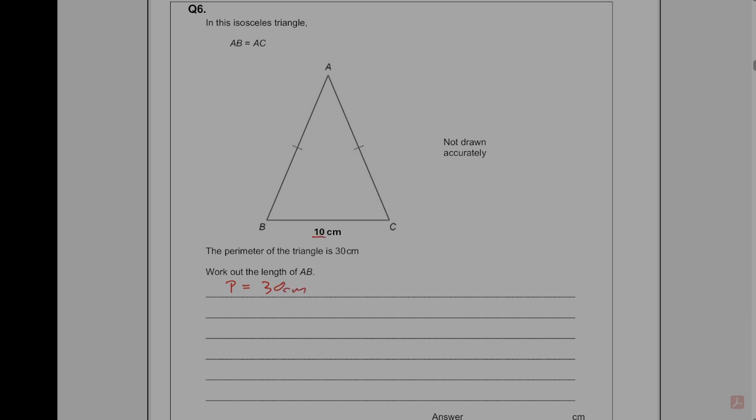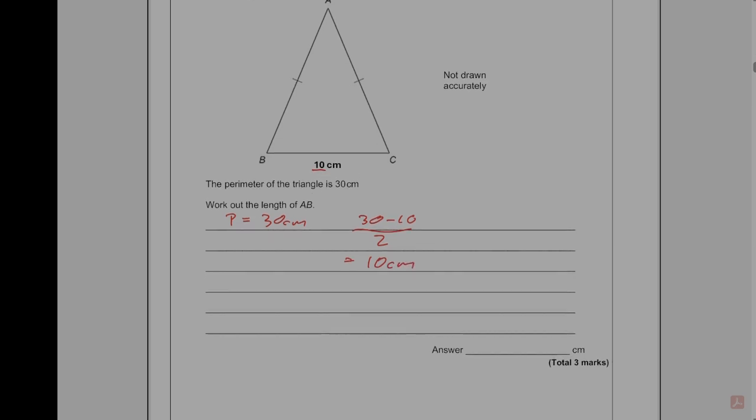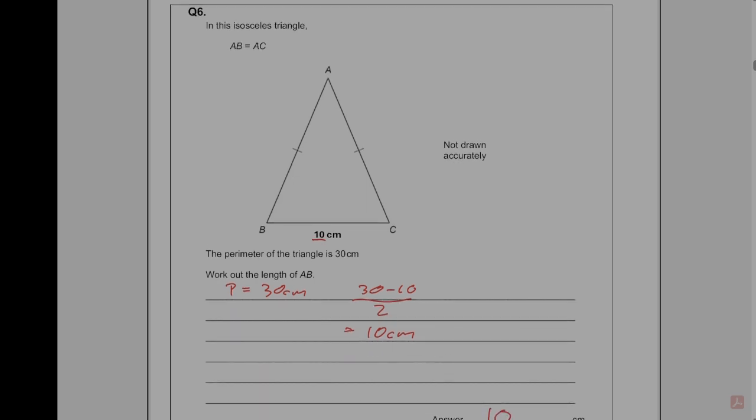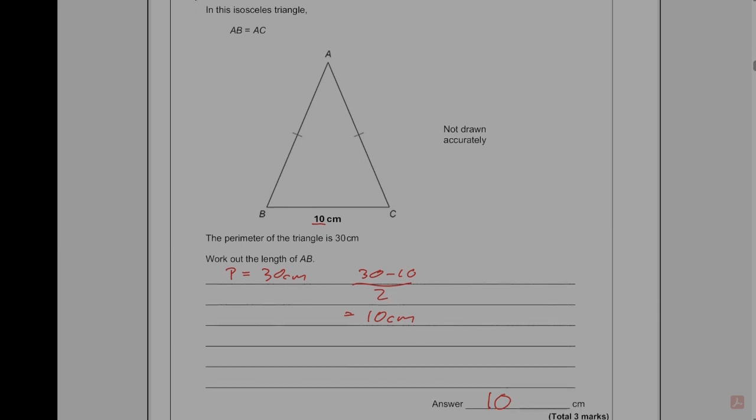And we already know this length here is 10, so if I do 30 minus 10 and then divide by 2, because these are equal sides, that's going to give me 10 centimeters. So all the sides are 10 centimeters, so that would actually be an equilateral triangle. Should have looked at those numbers slightly better, but there we go.